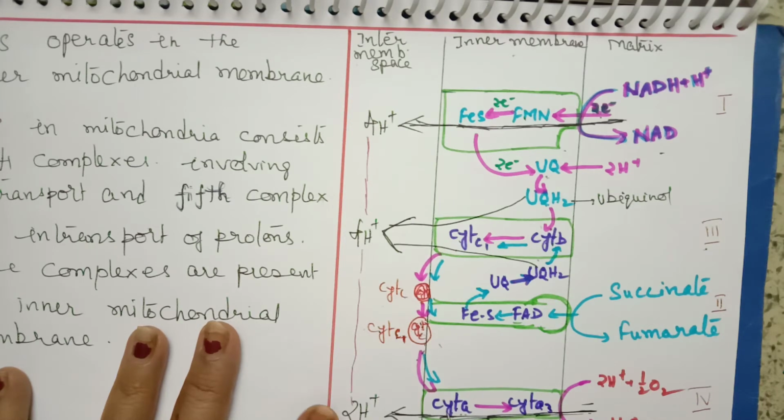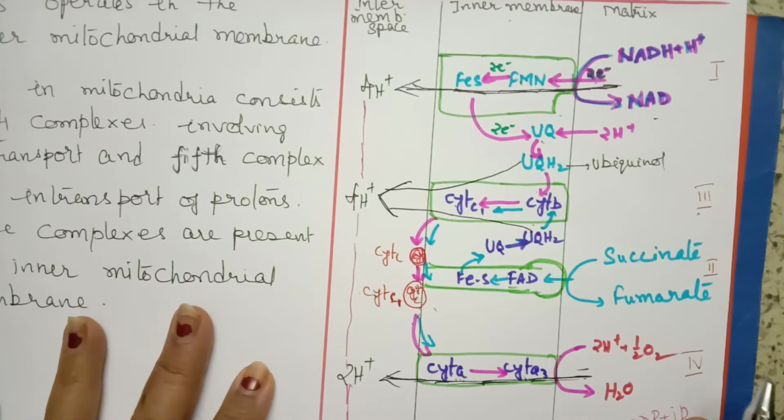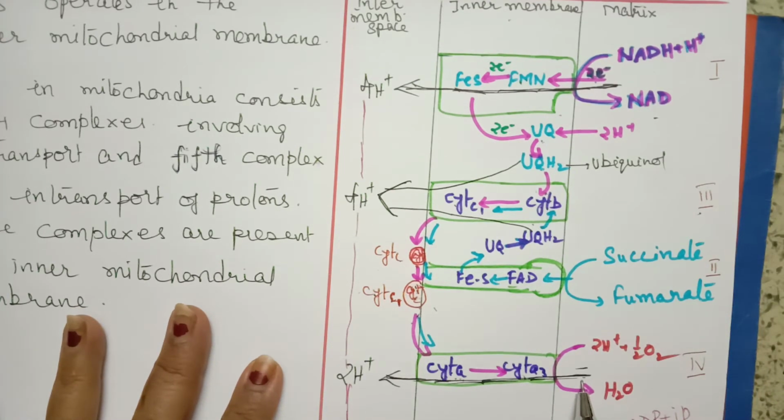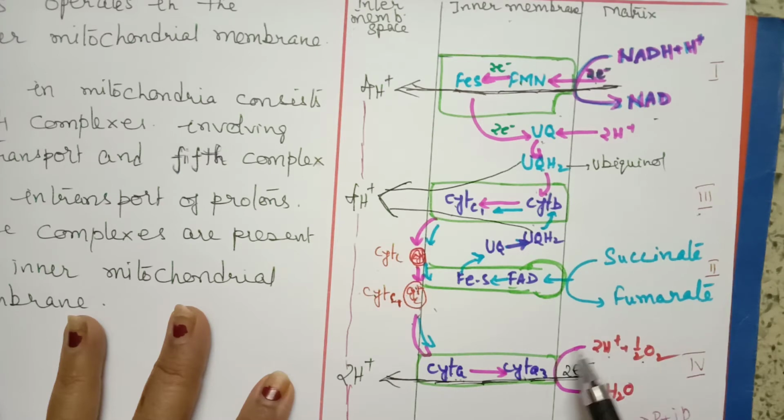And then it comes to the 4th complex, that is cytochrome A, and then to A3. And finally, the 2 electrons coming from A3 are accepted by 2 protons and oxygen, resulting in formation of 1 water molecule.